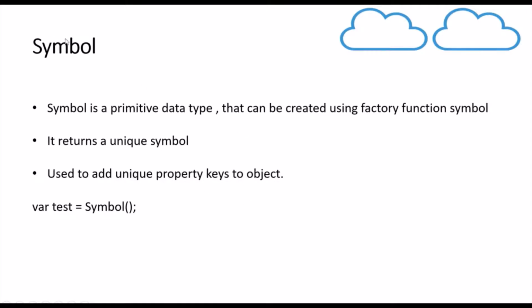So before the introduction of symbol in JavaScript, we had to somehow use the primitive data types to make unique keys every time we wanted to do so in objects. Okay, but it was kind of difficult, but with the introduction of symbol it is easier now, and we can generate unique property keys to objects very easily. Okay, and this is the syntax to generate a new symbol. You just have to use this factory function Symbol and it will return you a unique value always.